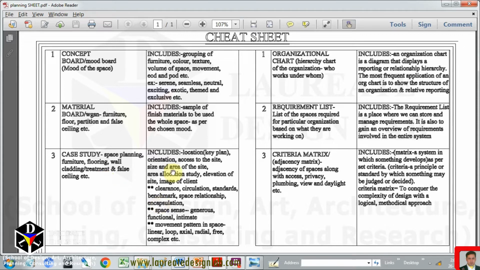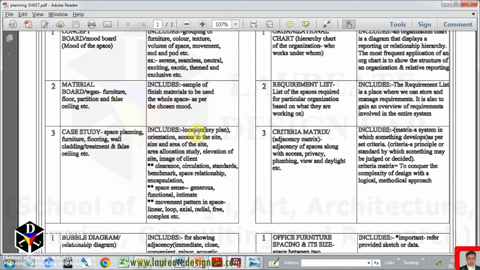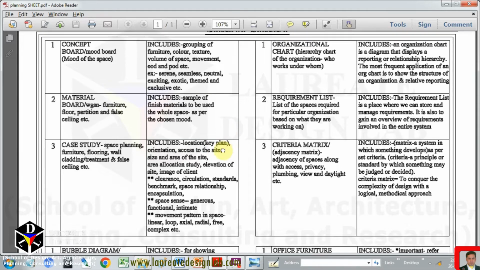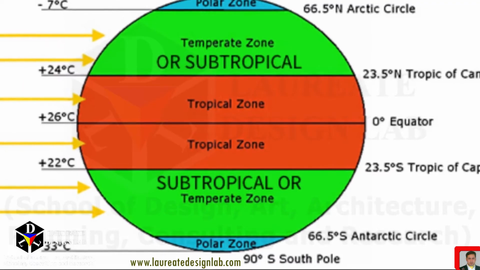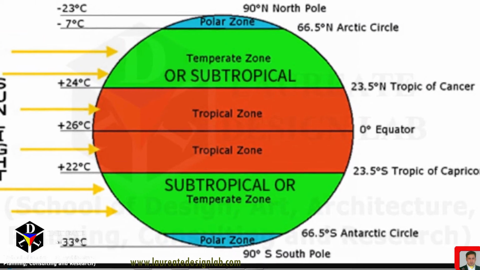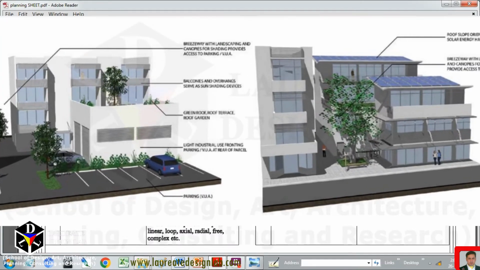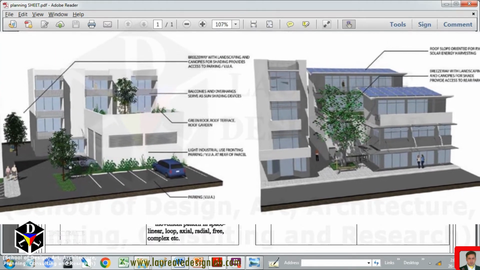So it may include location, where it is located. Climatically, you can say it is in a rainforest area. Okay. You can call it a subtropical region. This is our subtropical region, where we live.